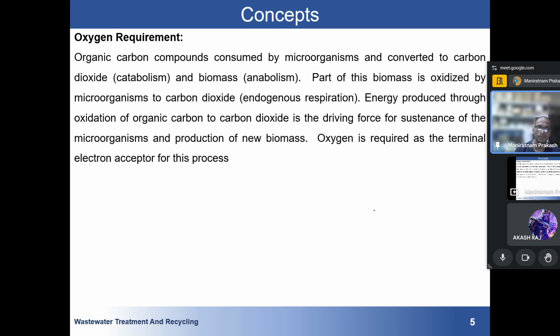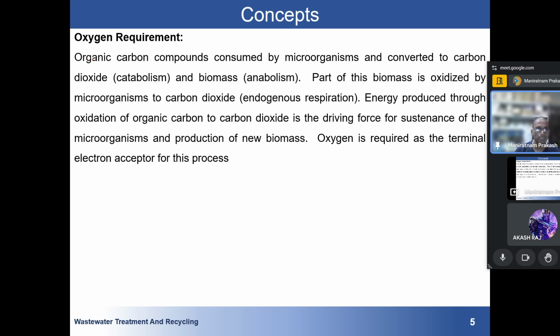Okay now, the first thing which is required is oxygen requirement. Depending upon if oxygen is available, which is mostly not available in our case, because we know that a huge amount of organic matter is there, and all those organic matter will be decomposed. All this organic matter will consume our oxygen for its degradation.